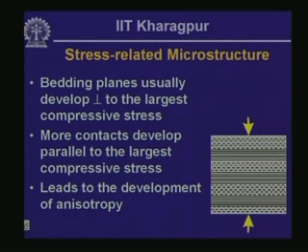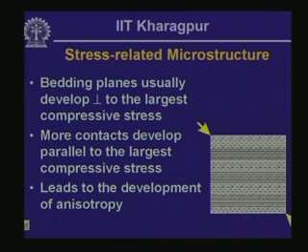Now let us say we rotate the major principal stress to an inclined direction as shown there, and in this case you try to notice how the structure is going to evolve.